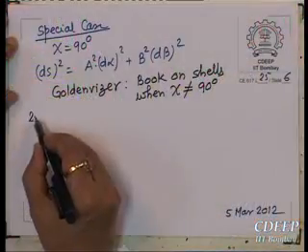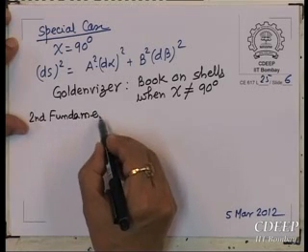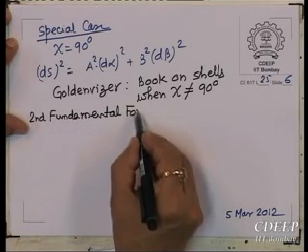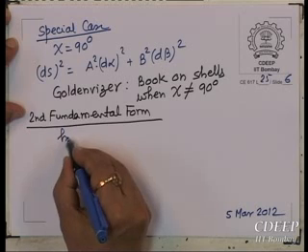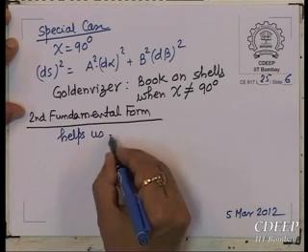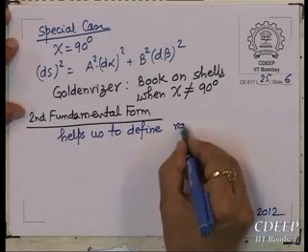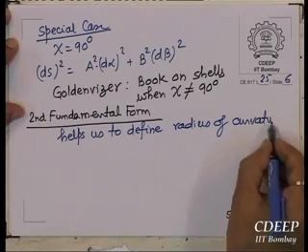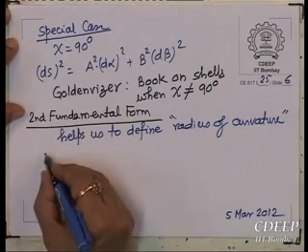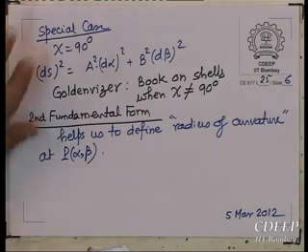So the second fundamental form helps us define the radius of curvature at P on the surface.